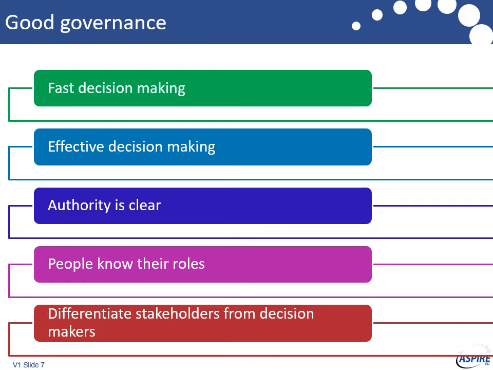So some things to think about in good governance, right? What does good governance look like? It looks like fast decision making, yeah? Because if you've got clear authority, you can make your decisions. But of course, it also means effective decision making, because it's quite easy to make fast and wrong decisions. But we have to just kind of take that on the chin sometimes.